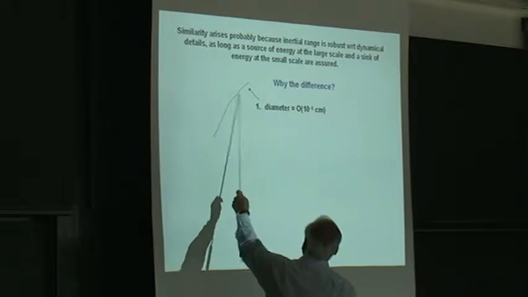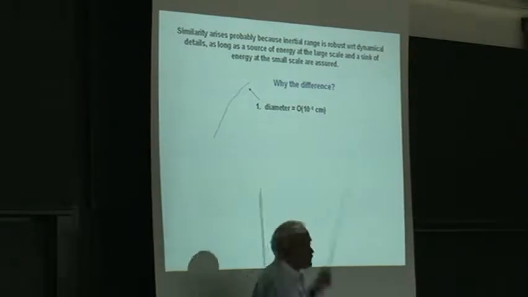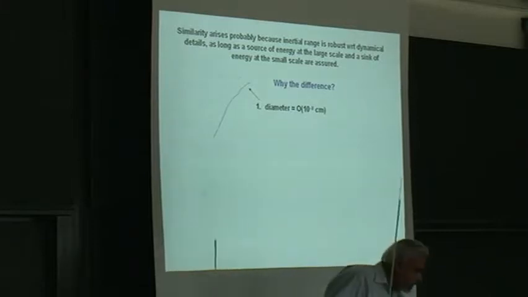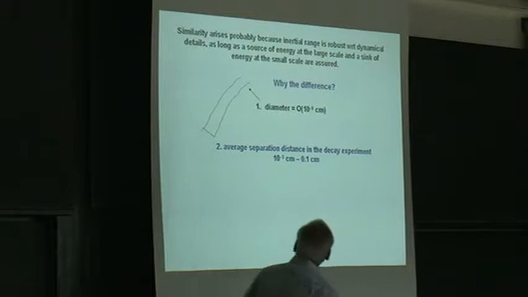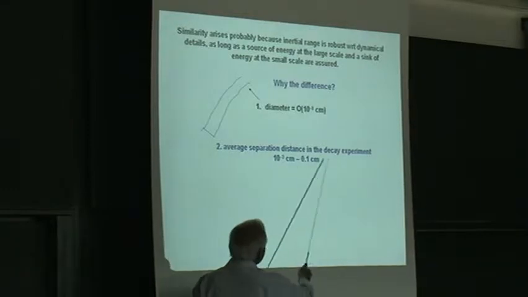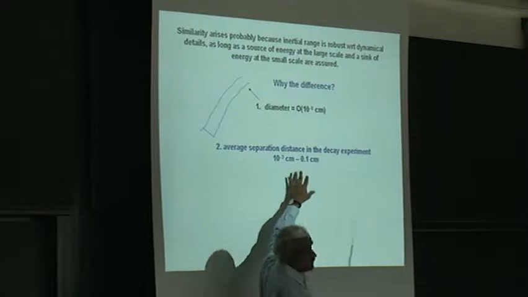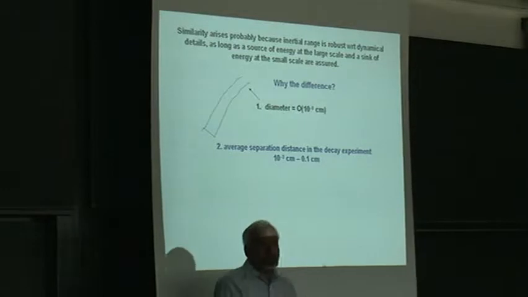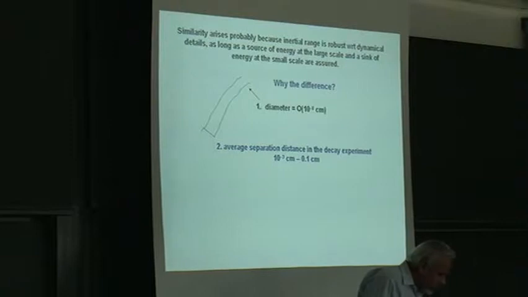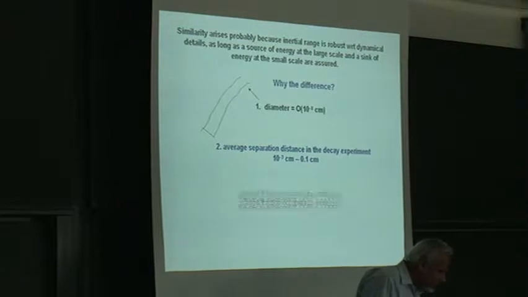So the diameter of a vortex line here is of the order of a few angstroms. So it is a very tiny object, and it may be a few millimeters in length, for instance. And the average separation distance between them is of this order. In the decay experiment, you can actually compute that, and it's of the order of, let's say, 1/10 of a millimeter to 1/1000 of a millimeter.